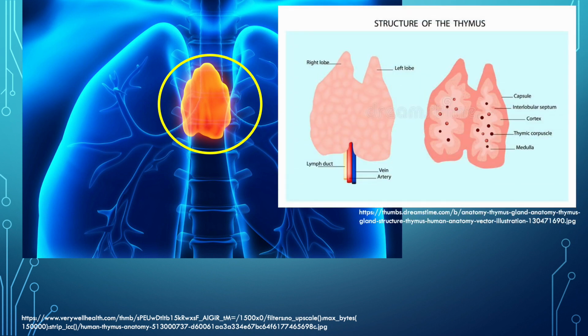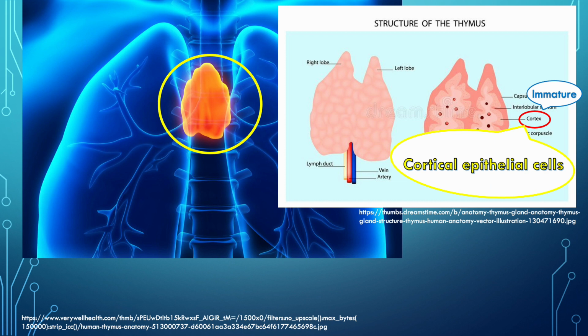The thymus has an outer cortex and inner medulla. There are many immature thymocytes in the cortex and more mature thymocytes in the medulla. Thymic cortical epithelial cells support T cell development.